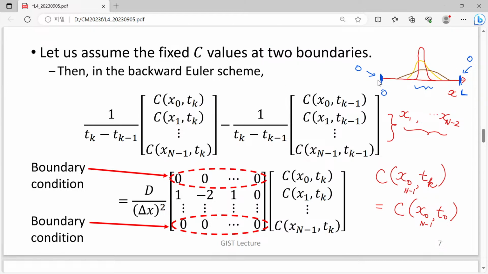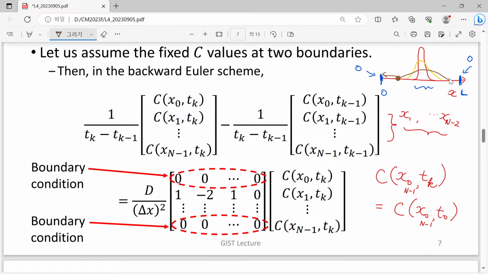However, until this end touches the right boundary and the left boundary, this kind of assumption is quite valid. Are you with me?